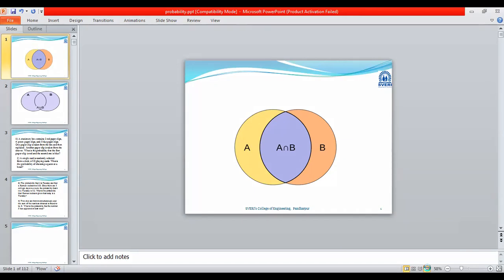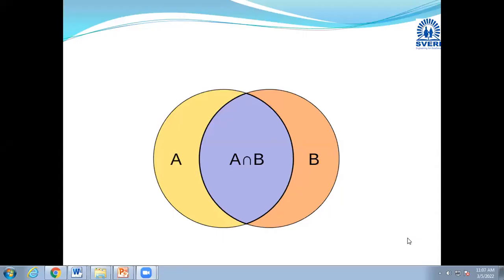As we have started the chapter probability, so we know about the intersection. So A intersection B, what does it mean?